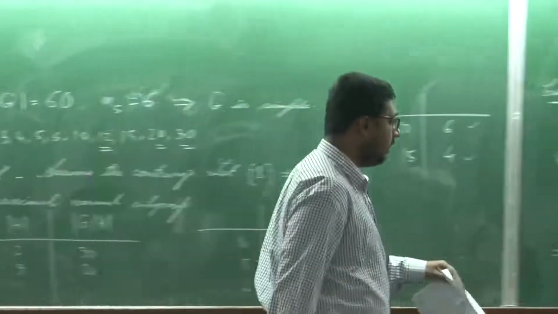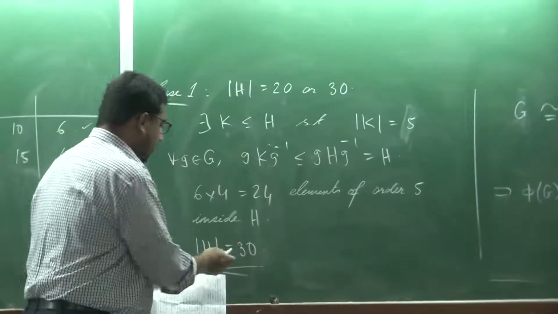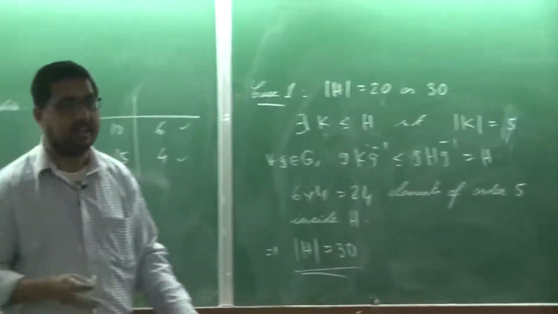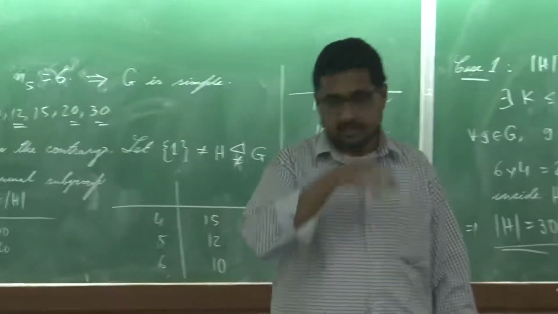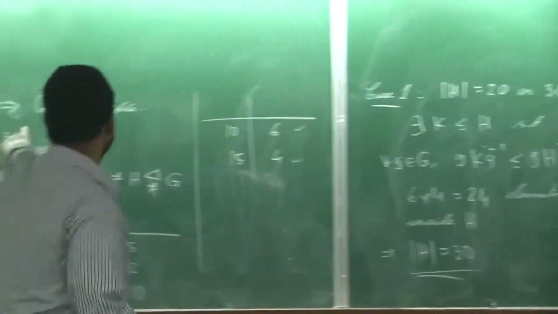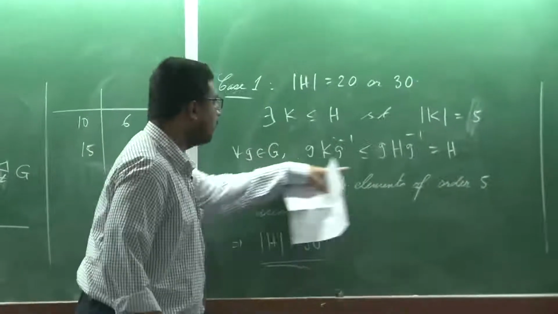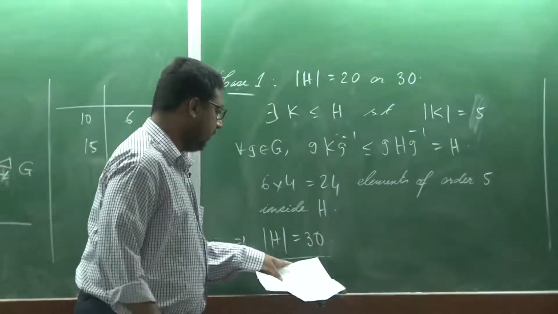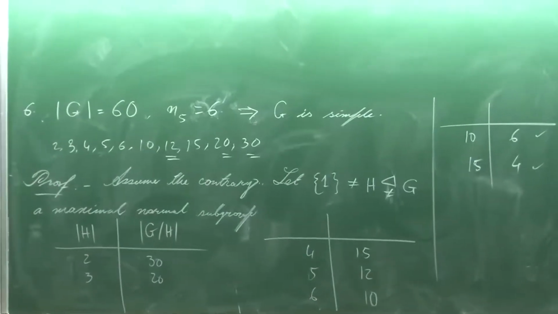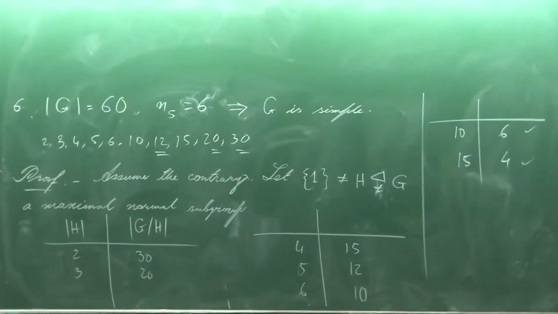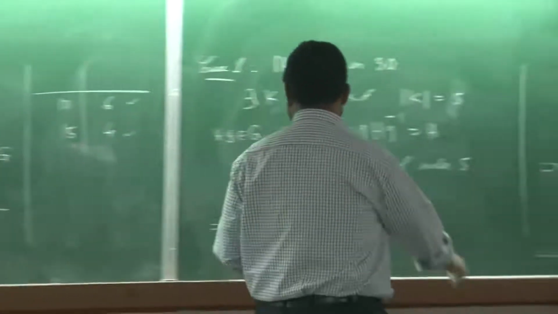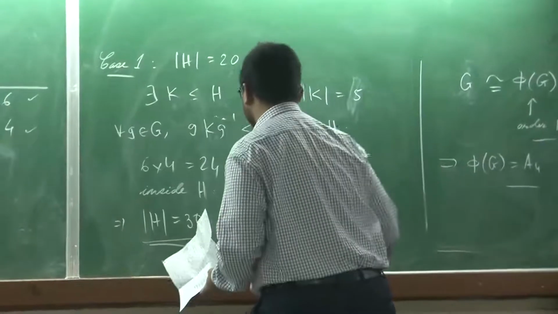So again, let me repeat that if this happens, then this group of order 30 contains 6 different Sylow 5 subgroups, because all Sylow 5 subgroups of G are now Sylow 5 subgroups of H as well. And that cannot happen, because earlier we have proved that inside any group of order 30, the Sylow 5 subgroup has to be normal. So again, this is a contradiction.